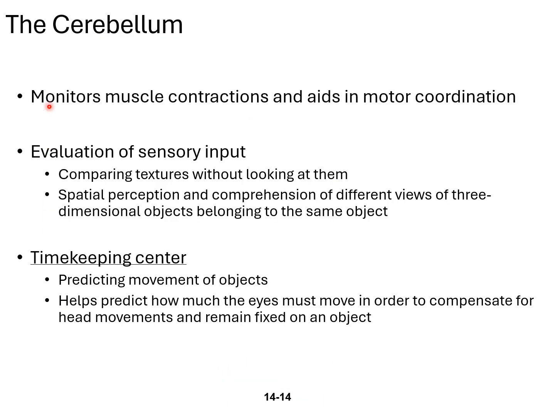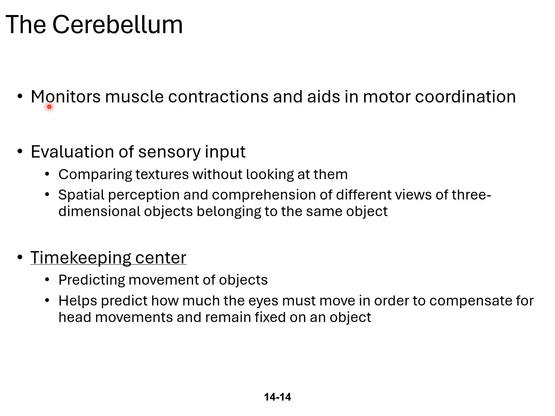The cerebellum monitors muscle contraction and aids in muscle coordination. It evaluates incoming sensory input, comparing textures without looking at them, spatial perception, and comprehension of different views of three-dimensional objects. So if you walk around something, this is all going to be evaluated in the cerebellum, and also timekeeping. So you can predict movements of objects.